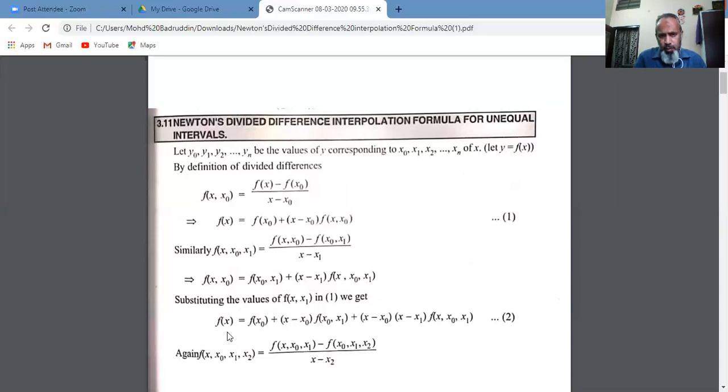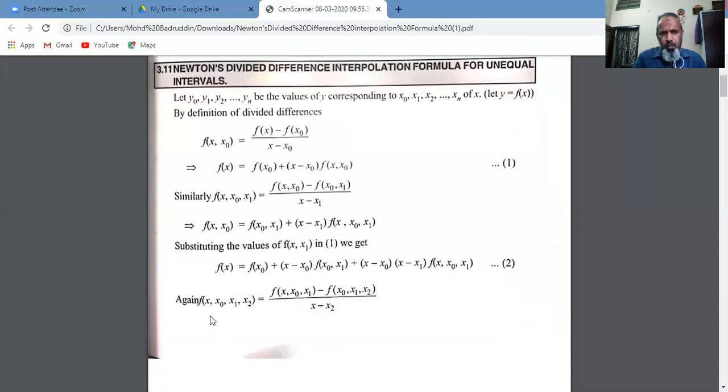So f(x) can be written as f(x0) + (x − x0) f(x0, x1) + (x − x0)(x − x1) f(x, x0, x1). So this is equation number 2. What we are doing here is substituting the value of f(x, x0) in equation 1 with the help of this value.